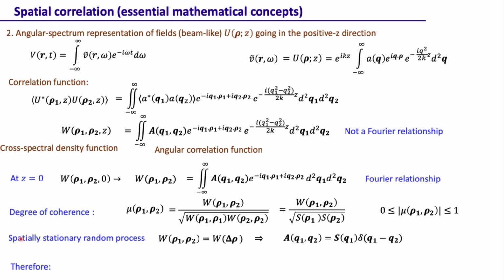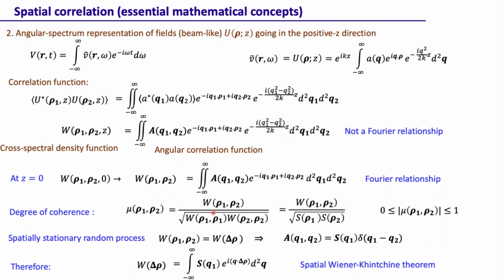Okay, so if this process is spatially stationary, then this is a condition on the cross spectral density function, and it constrains A(q1, q2) to have this form. Then this equation we can write as W(delta rho), and this side just becomes a single integral of S(q) e to the i q dot delta rho d2q, and this is called the spatial Wiener-Khinchin theorem.